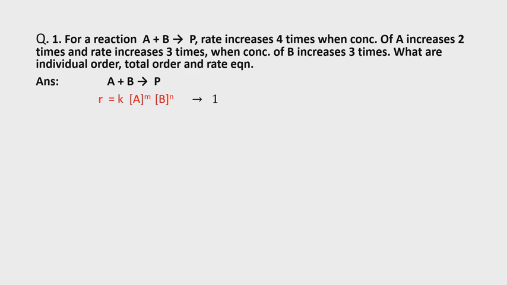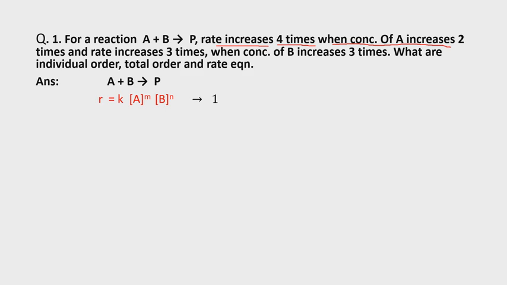Next one, look at the rate increases. In the question, rate increases means R becomes 4R. Rate increases 4 times when the concentration of A increases 2 times.